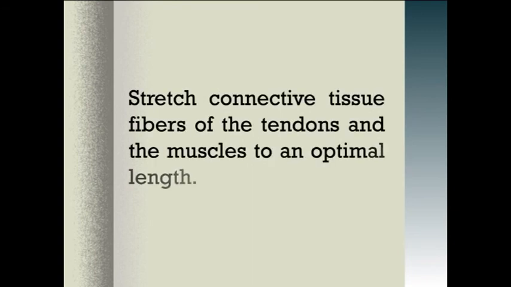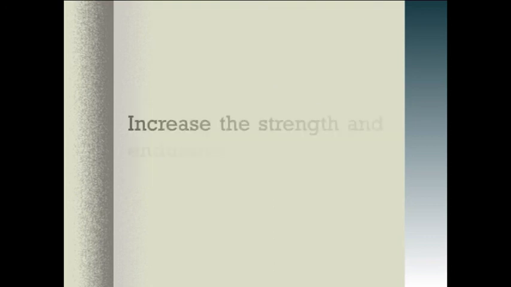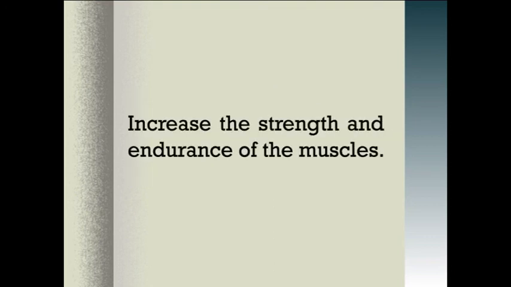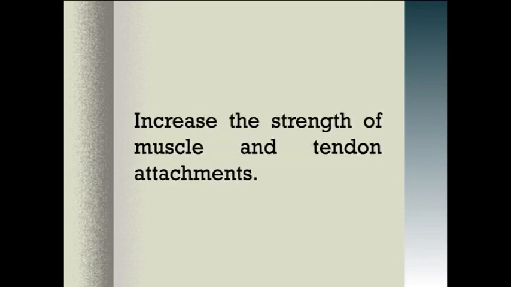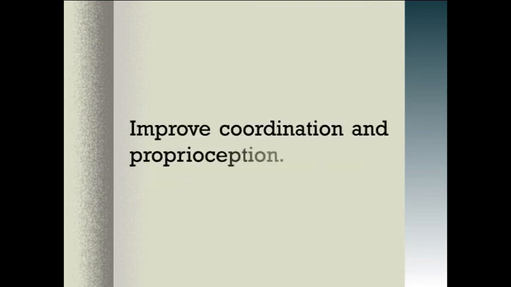Secondly, to stretch connective tissue fibers of the tendons and the muscles to an optimal length. Thirdly, to increase the strength and endurance of the muscles. Fourth, to increase the strength of muscles and tendon attachment. And lastly, to improve coordination and proprioception.